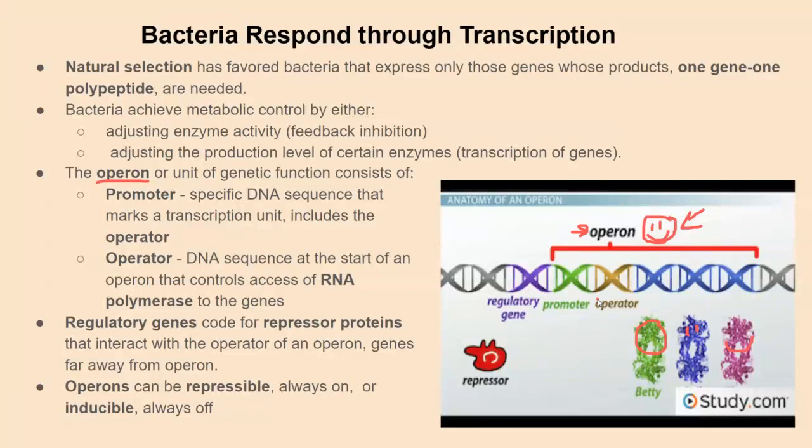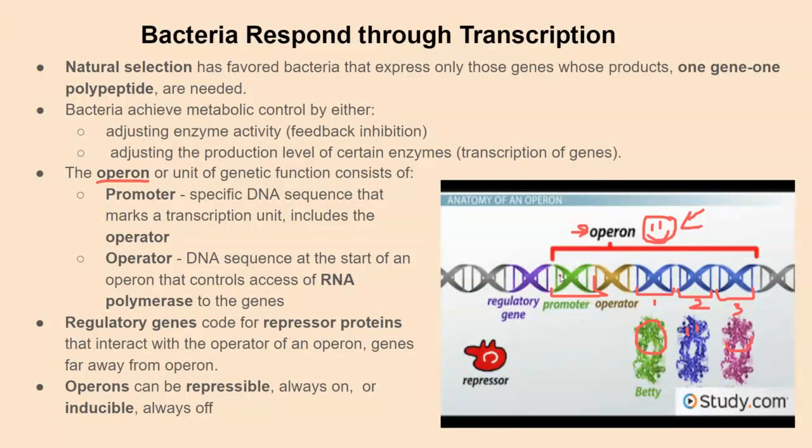An operon is made up of three parts. The main part of an operon is going to be each individual gene, and there may be many genes or only a few. The examples that we're going to look at are between 3 and 5. The other two pieces of this puzzle are the promoter.